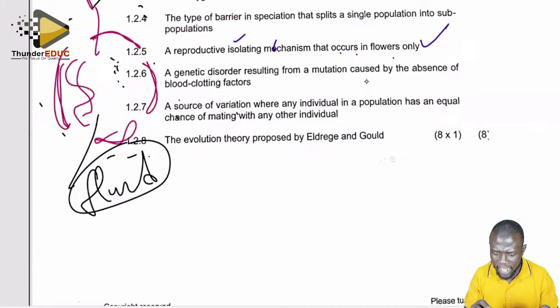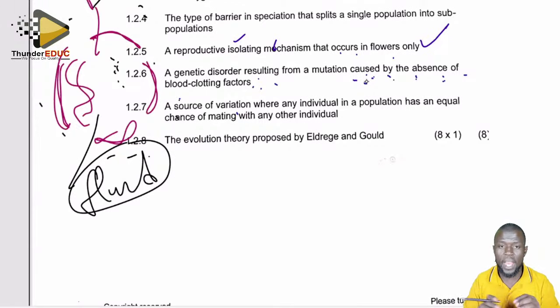They are saying the genetic disorder resulting from a mutation caused by absence of blood clotting factor. If you don't have blood clotting factor, it means that when you have a hole, maybe you have got something on your skin, the blood will ooze.